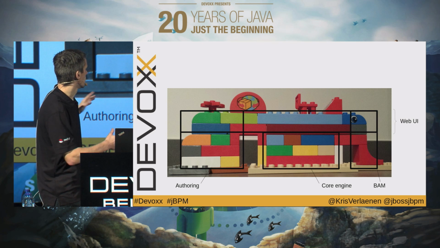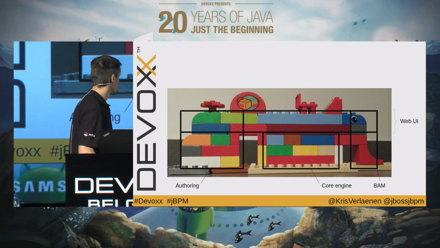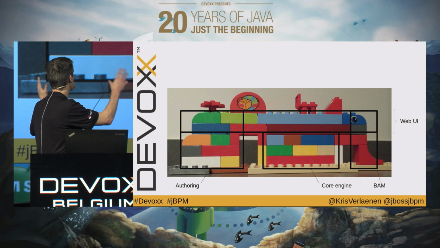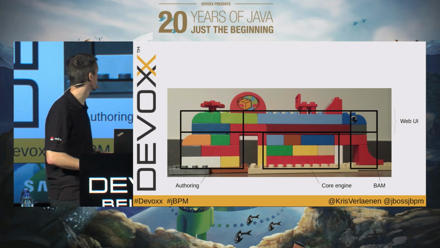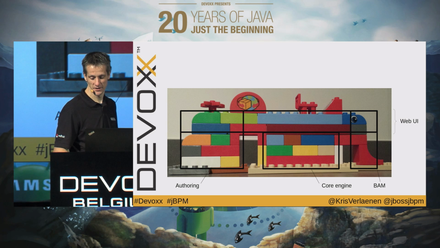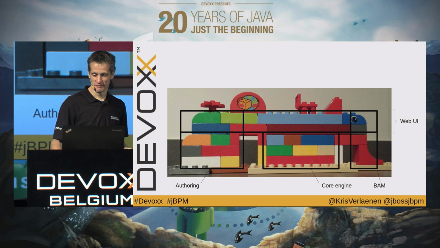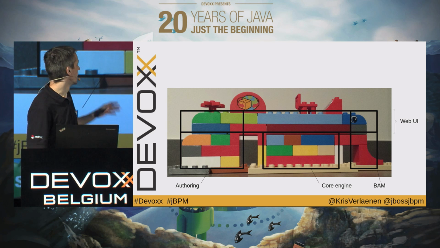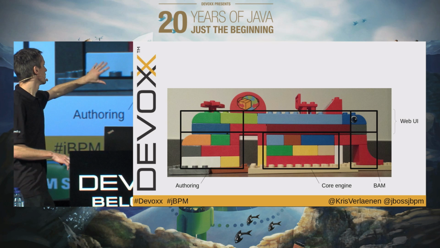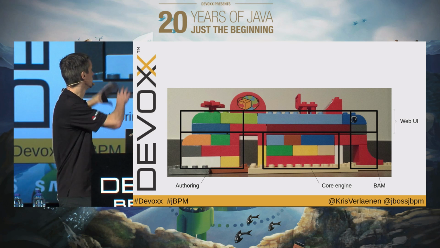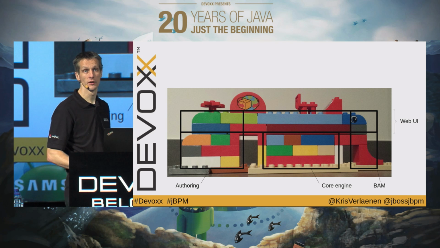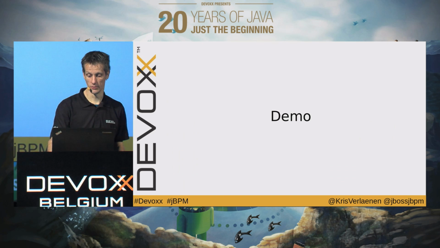So if you want to use all the whistles and bells, you can pick whatever building blocks you want to use. Obviously, you can see I had fun building this example for you, but my kids had even more fun. It shows we have a lot of building blocks, and which one you use is up to you. You can use the full stack, or you can just focus on the specific things you have.